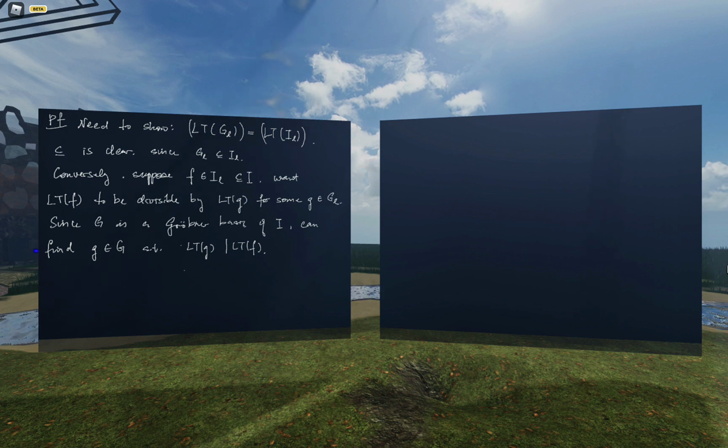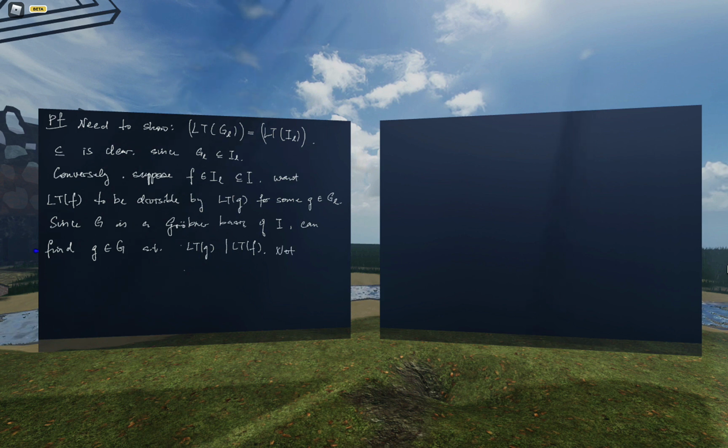Okay, so that's fine. So now we have to make some argument for why g is actually in GL, and then we're good. And so here's where we use the Lex ordering.